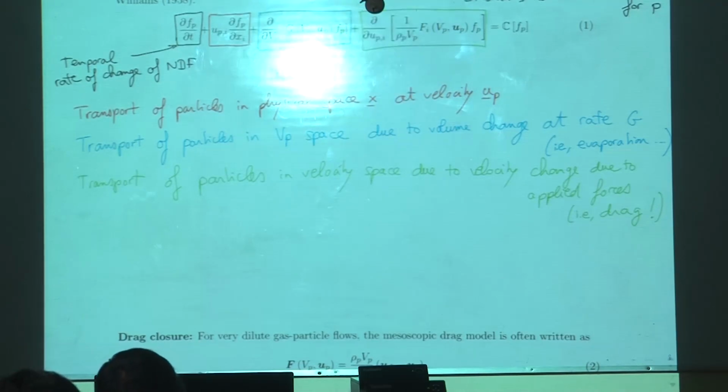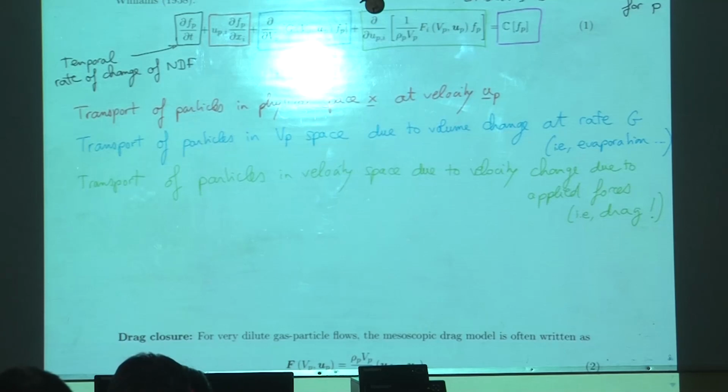So we'll have one last term. This term will accommodate for changes in the NDF, both in terms of volume or in terms of particle velocity, due to particle-particle interactions. So this is essentially a collision term. This is saying that the NDF is allowed to interact with itself. If there's some physics happening at a given point between different types of particles, we can see a change.